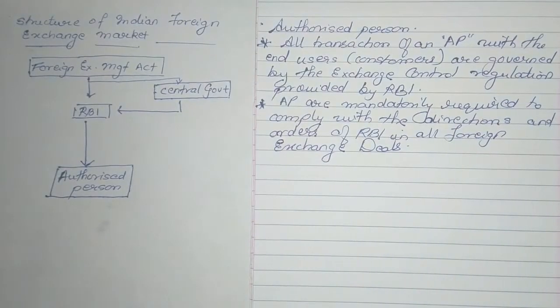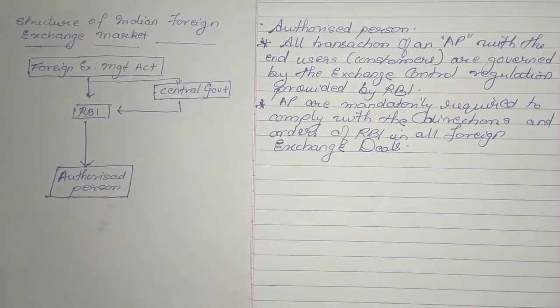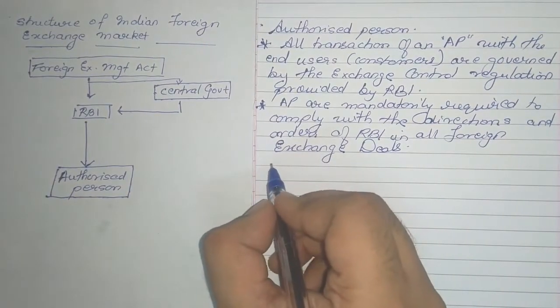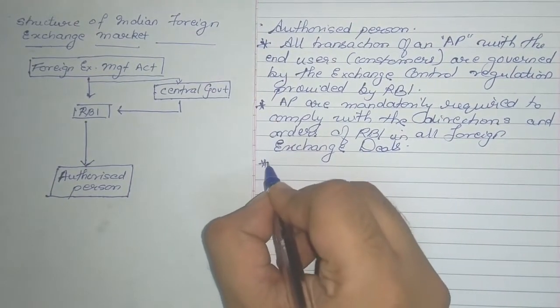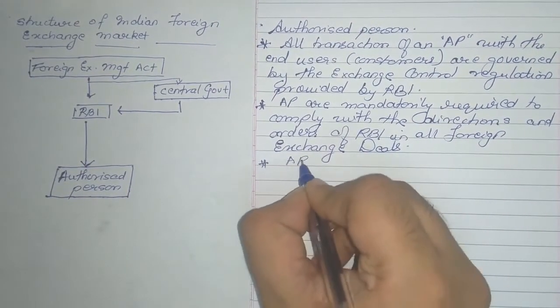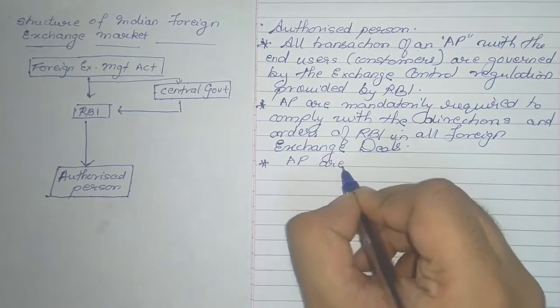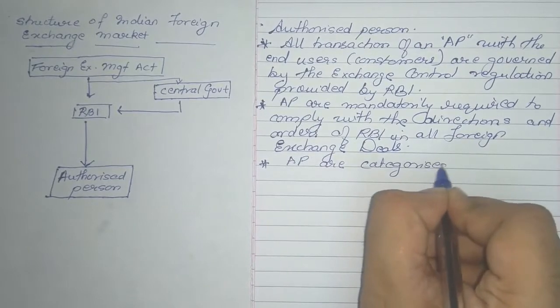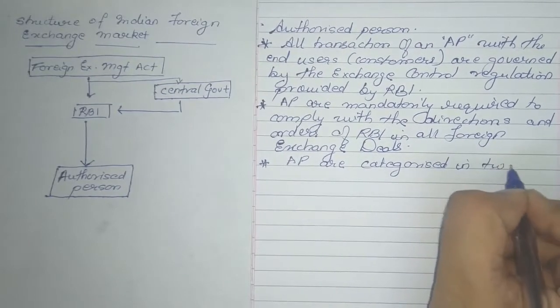So each and every transaction that the authorized person deals with has to be according to the direction and the orders of the RBI. Next point is that authorized persons are categorized in two types.